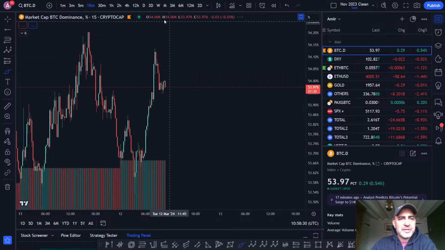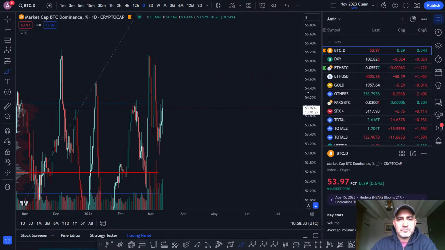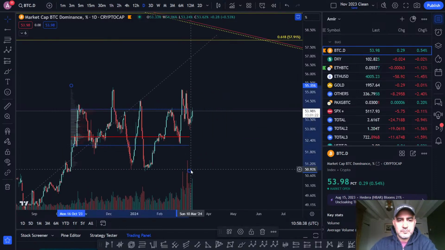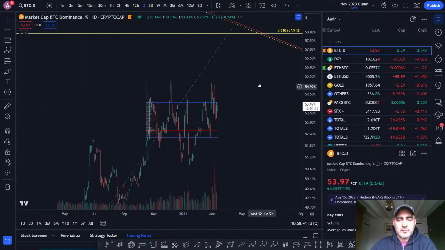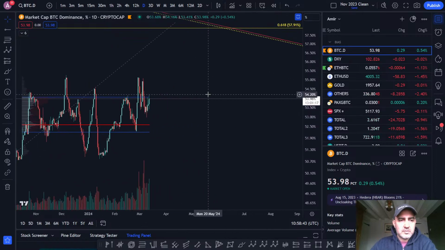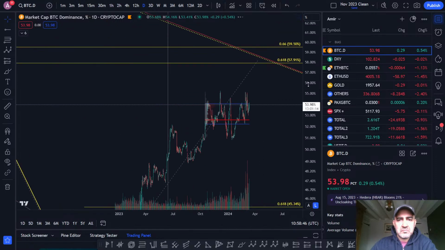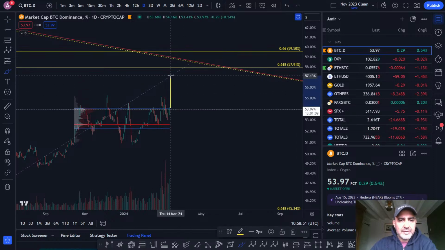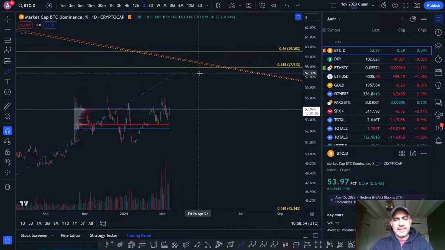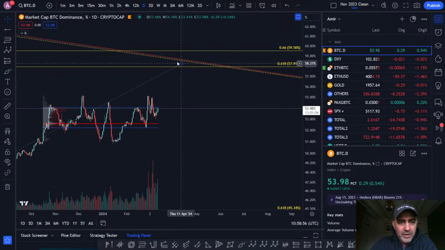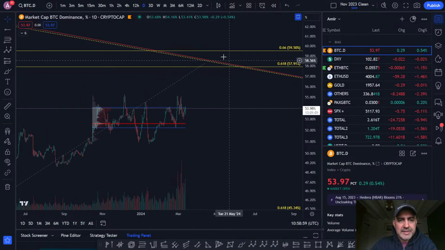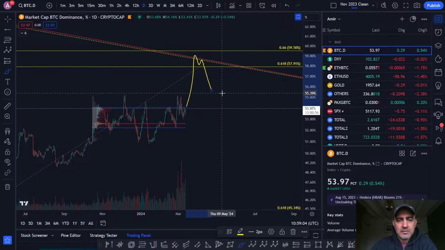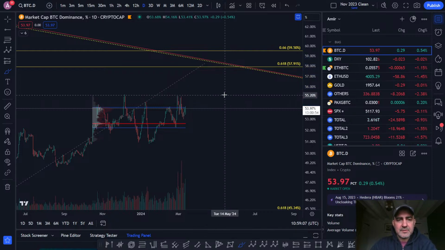Let me have a look at Bitcoin dominance. If we do get a big pullback on Bitcoin, maybe we will get this kind of push up to there. That's kind of what I'm hoping for alt season. That's what I think alt season is going to begin here, if that happens.